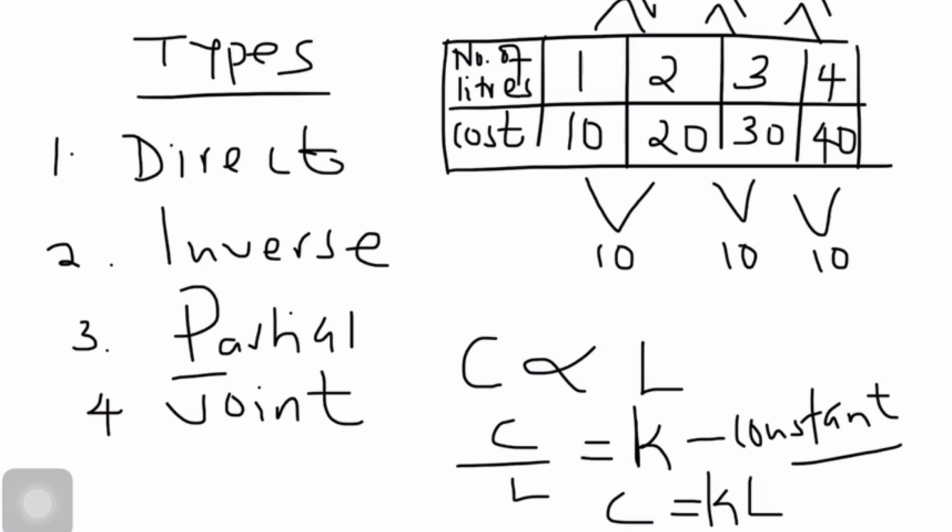C and L are varying directly, so let's work out and find the value of K. Start with the one with 10 as the cost and 1 as the liters. We know that C is equal to KL, so 10 is equal to K multiplied by 1. So our value for K is equal to 10. You can even try 20 and 2, 30 and 3, and you'll find that the value of K is the same, because L and C vary directly.